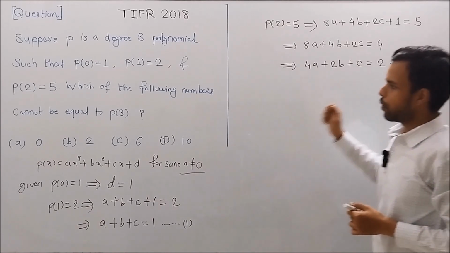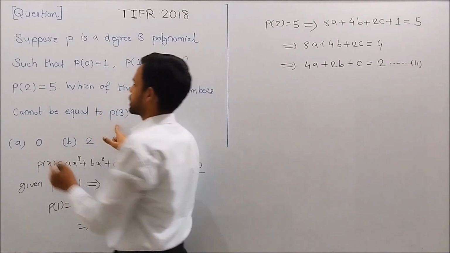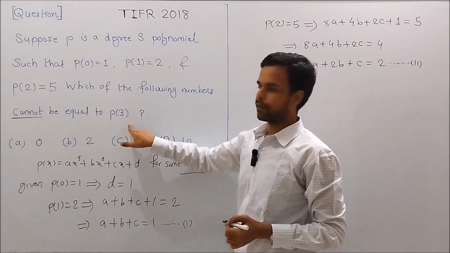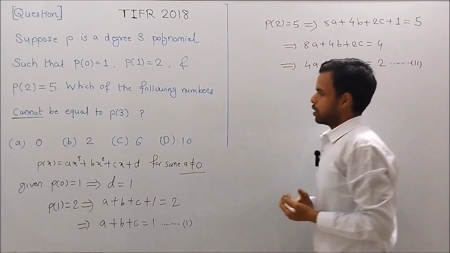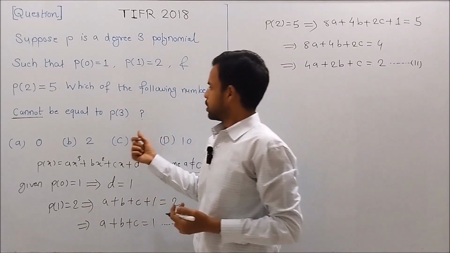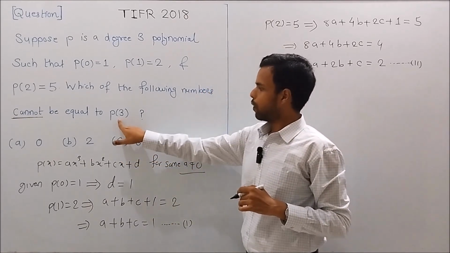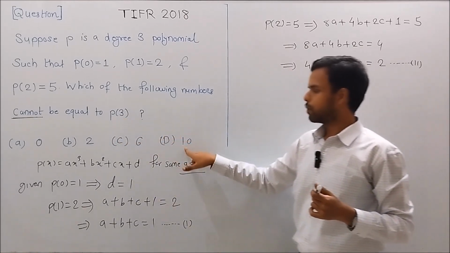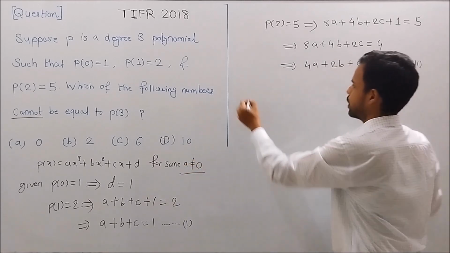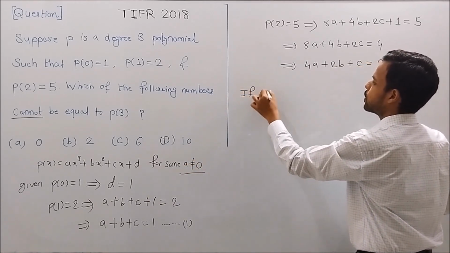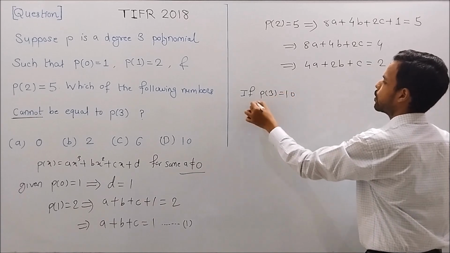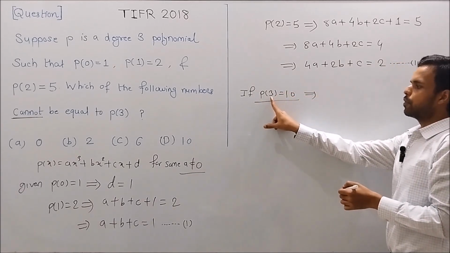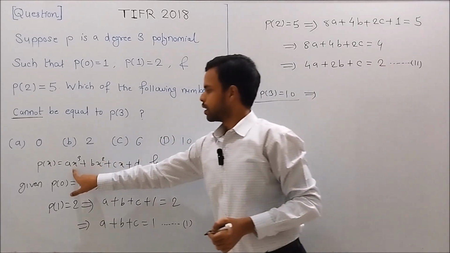Now we have to find out which of the following numbers cannot be equal to P of 3. So we can verify one by one. Let's suppose that P of 3 equals 10. Just substitute x equals 3 here.